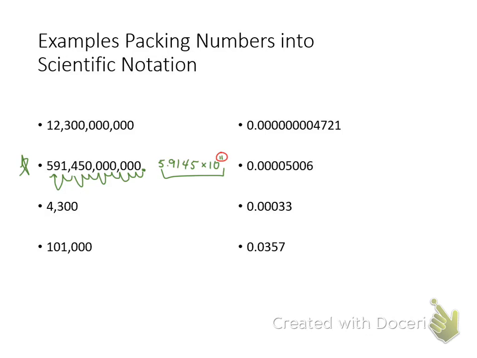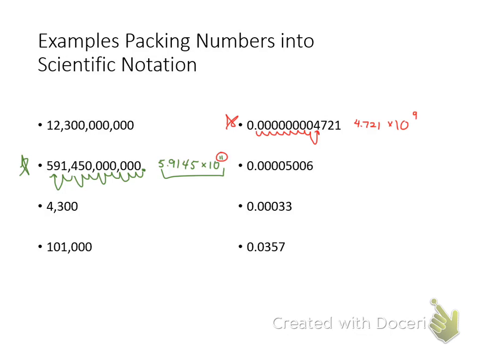So let's pick on a small number. Let's do this first one up here. Of course the decimal's right here. If I move it 1, 2, 3, 4, 5, 6, 7, 8, looks like 9 places to get between the 4 and the 7, my decimal number will be 4.721 times 10. I moved it 9 places, so I'll put a 9 up there.